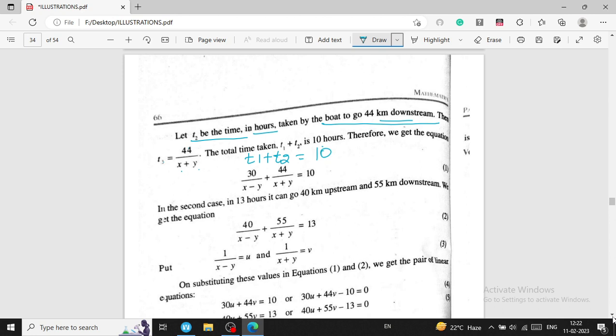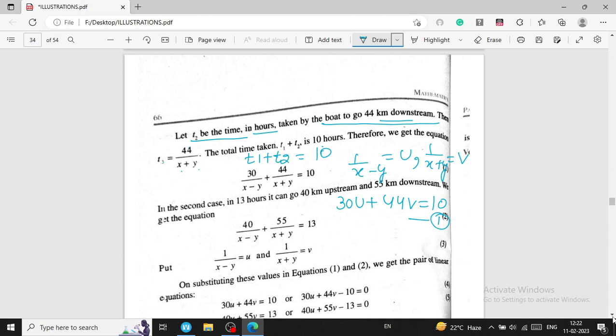Substitute T1's value and T2's value, and take the LCM. Or you can assume 1 by x minus y is equal to u, and 1 by x plus y is equal to v. Then 30u plus 44v is equal to 10. This is your first equation.